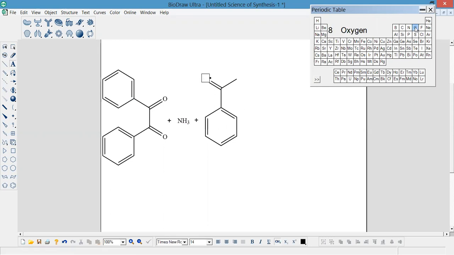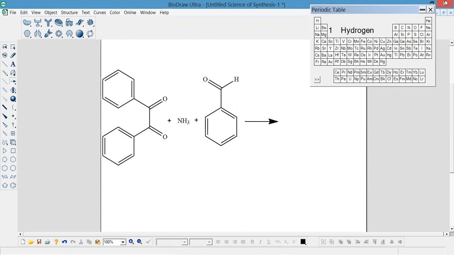Now make an oxygen atom. Put it down as a carbonyl group, and a hydrogen atom as H. This is benzaldehyde. Now put down the arrow.